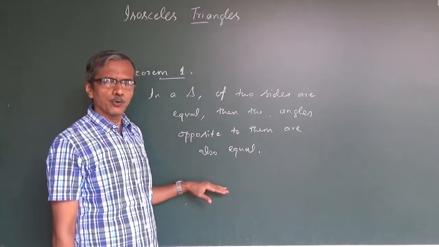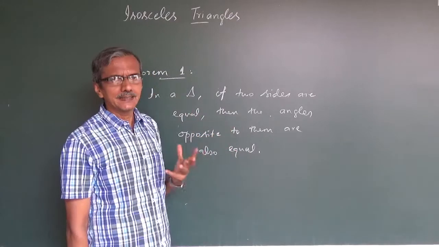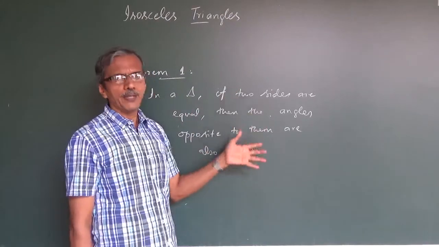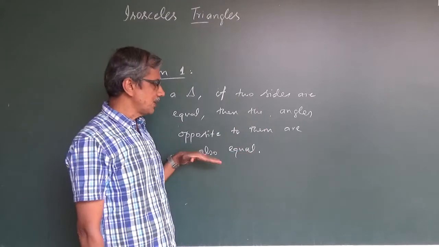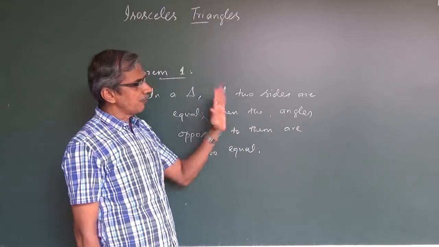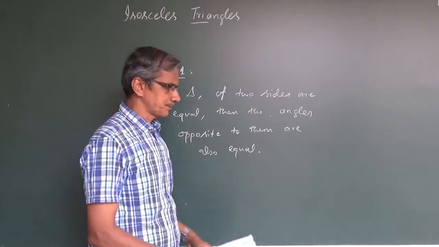So we are going to prove that. We are not just going to take this as a fact, we are going to prove it using congruency. You learnt this last year, but now we are going to see the proof of this theorem.